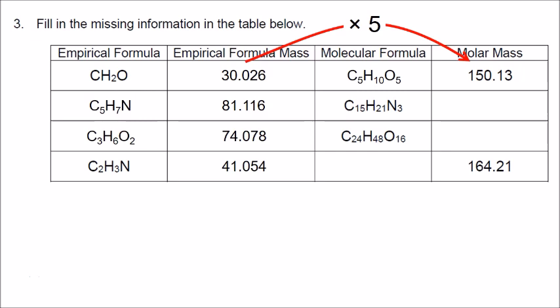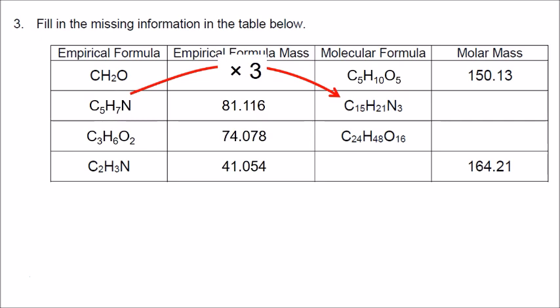C5H10O5. In our next example, to get from the empirical formula to the molecular formula, we have to multiply by 3. So therefore, we take our empirical formula mass, multiply that by 3, and it gives us 243.348.